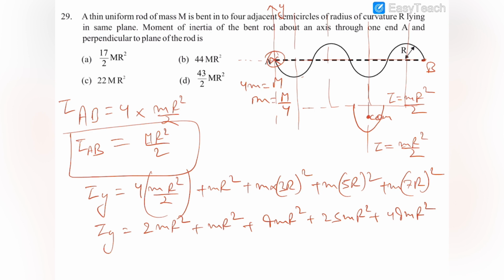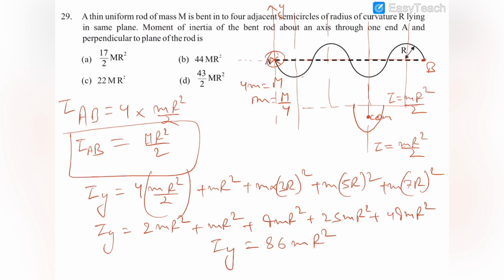So you can see that 49 plus 3 is 52, and plus 9 is 61. In fact, this would be 61, yes, and 61 plus 25 would be equal to 86 mr square. So Iy would be 86 mr square.